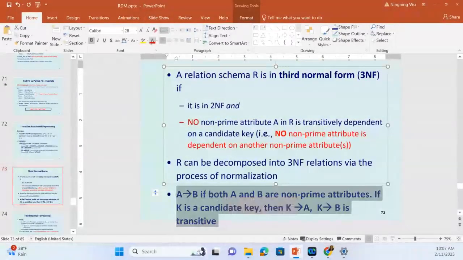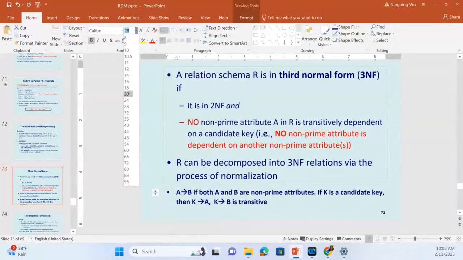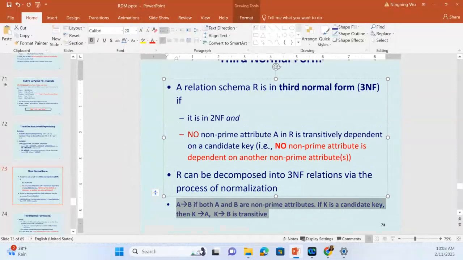That's why, if we have a functional dependency where both sides are non-prime attributes, it is considered transitive, because by default we know that a key determines all other attributes in the relation.